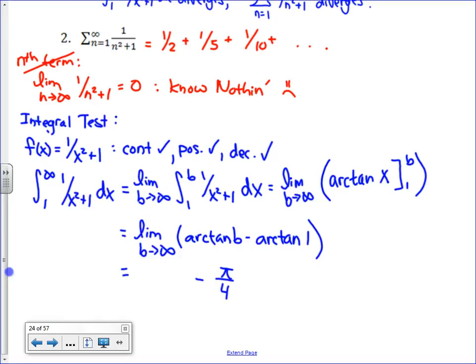And what's the limit as b goes to infinity of arctangent? Where's it going? Pi over 2. Pi over 2, pi over 2. But long story short, question, does it converge? Yes, it does. Converges to a number, right?